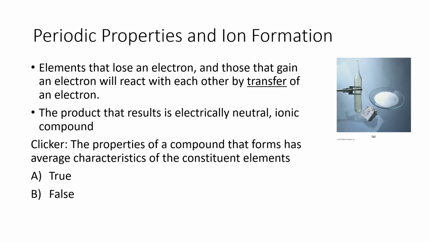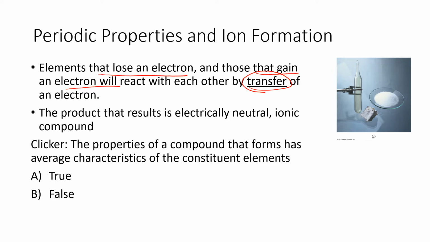So when we put these metals with non-metals, elements that lose an electron and those that gain electrons will react by a transfer of electrons. Remember, covalent bonds are all about sharing of electrons, whereas ionic bonds are all about one electron being lost and the other being gained.